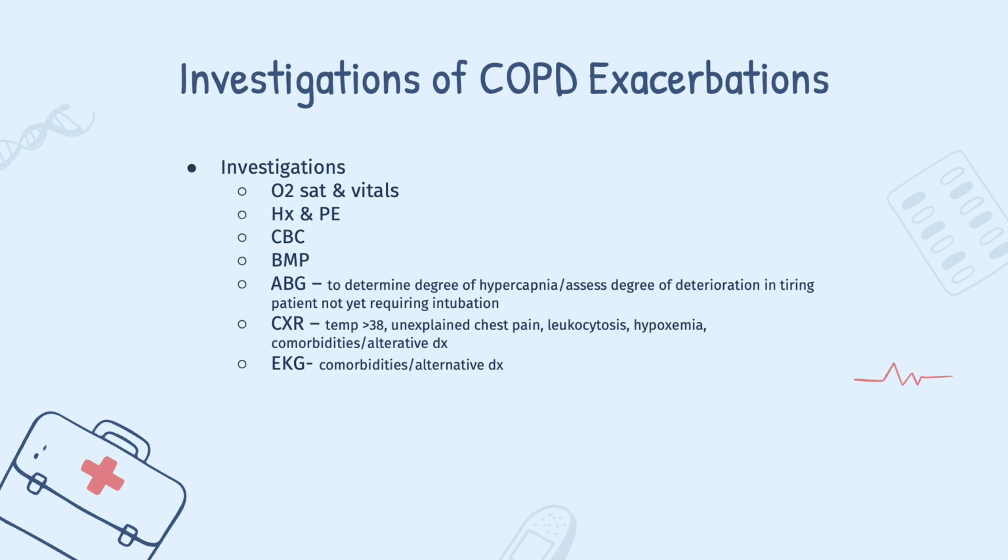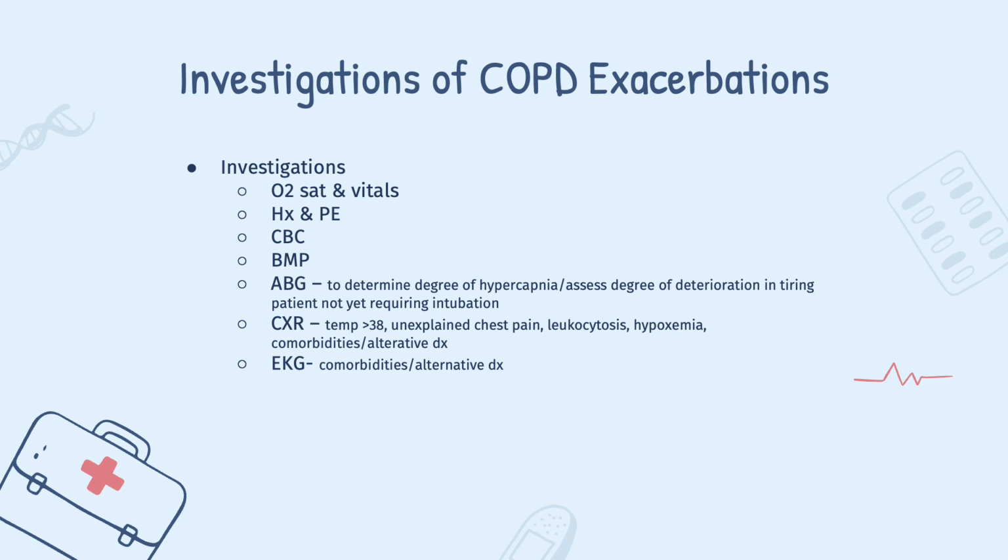Our investigations are going to be very similar to asthma exacerbation. It's really important to get O2 sats and vitals, a good history and physical exam, CBC, BMP, and ABG, to determine the degree of hypercapnia and assess whether there is deterioration, in order to determine whether we need to intubate these patients.